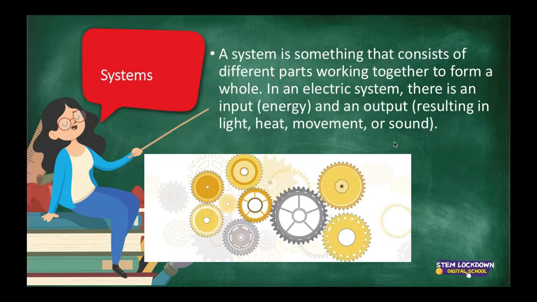Right. In an electric system, there is an input, which is the energy, and an output, resulting in either light, heat, movement, or sound. Okay, so the input would be me plugging it into the socket, and the output would be the result. If I plug a lamp into the socket, the result will be light.